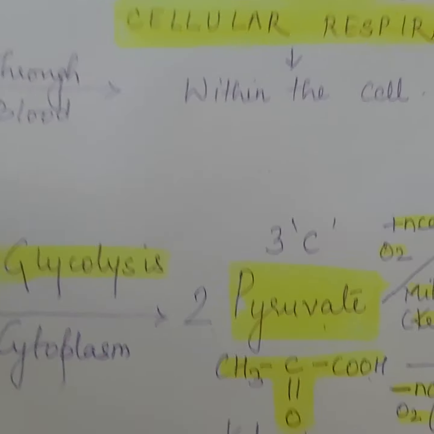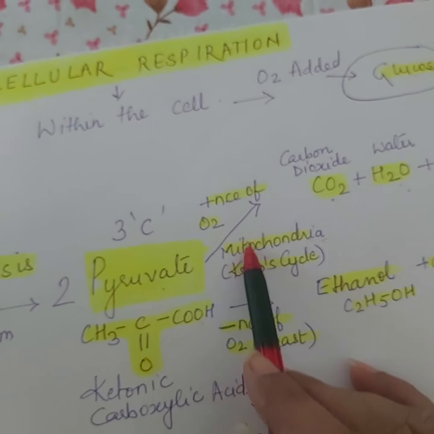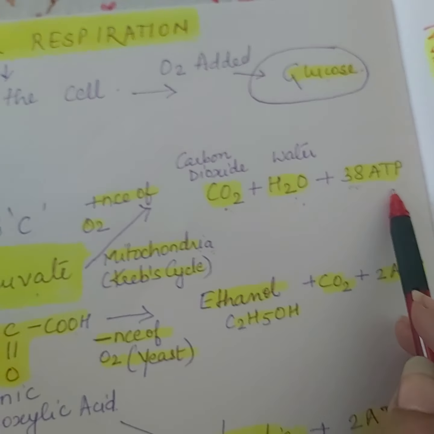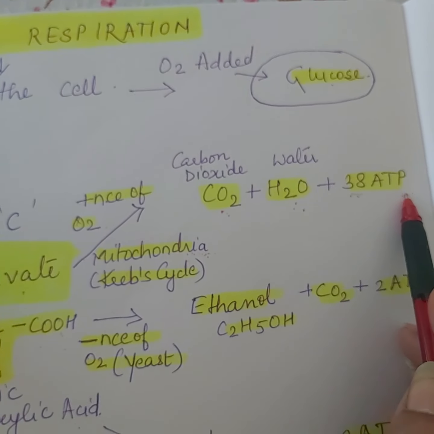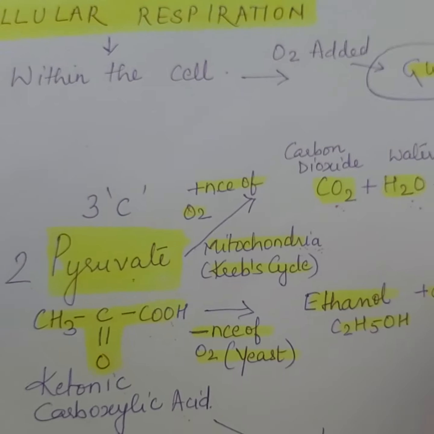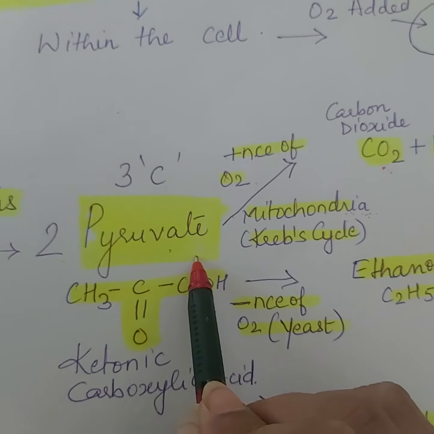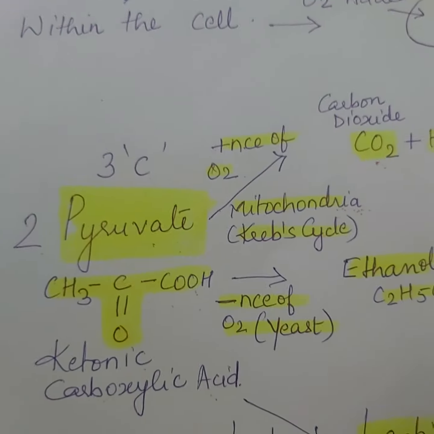Now children, you must understand one thing, that this sequence of reaction is actually for aerobic respiration in presence of oxygen. Let us now consider what will happen to this pyruvate if there is absence of oxygen.